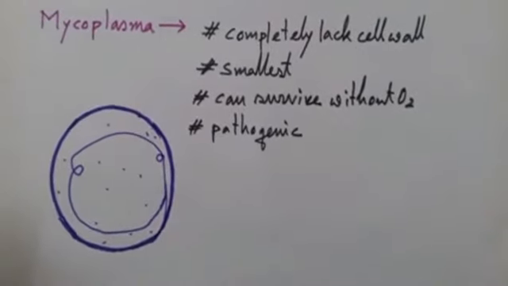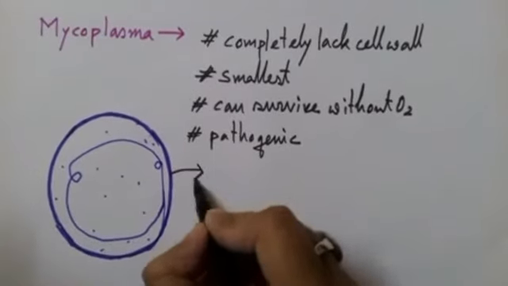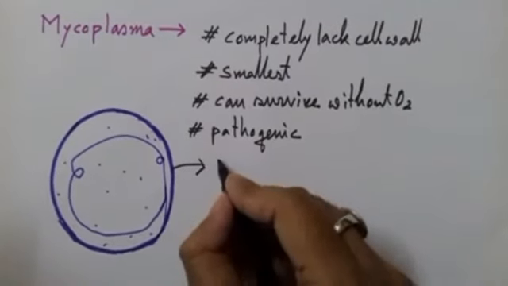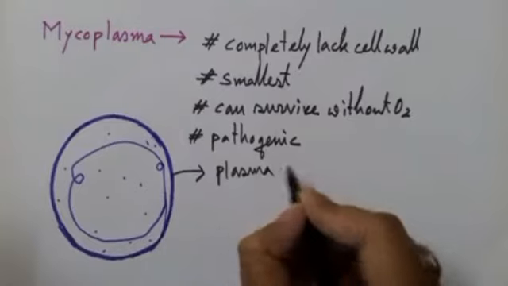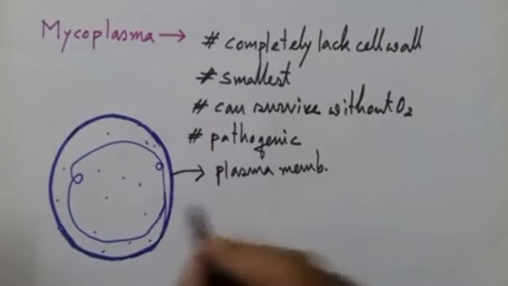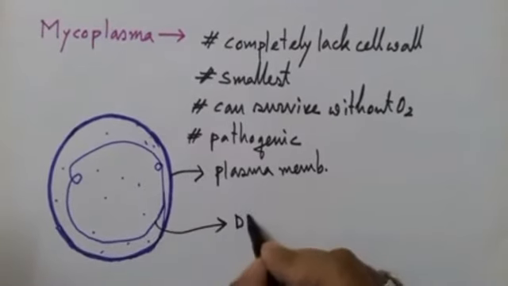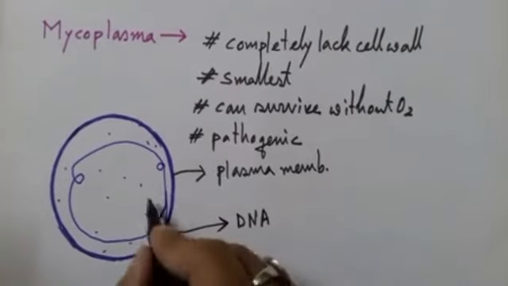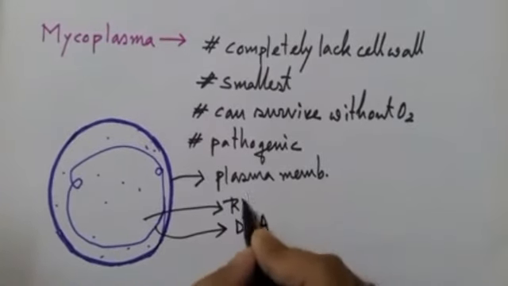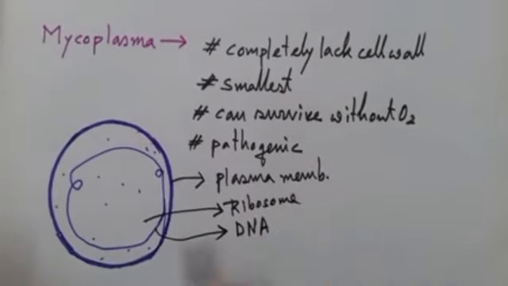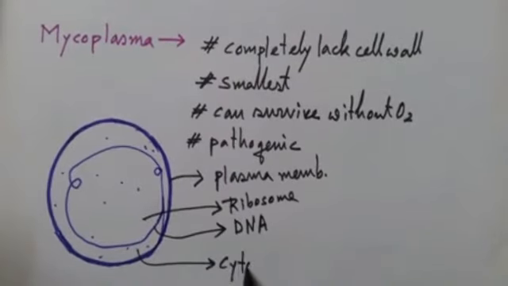So there is a structure of mycoplasma. They completely lack cell wall. So this is the plasma membrane. This is their DNA, ribosome, and cytoplasm.